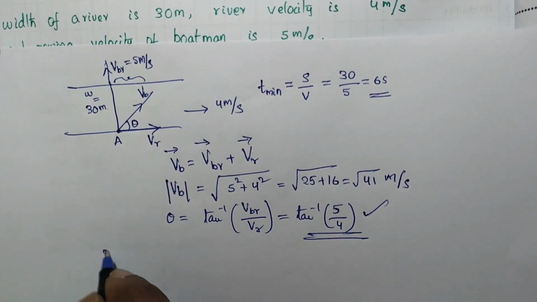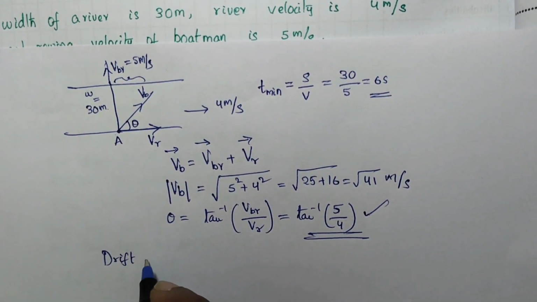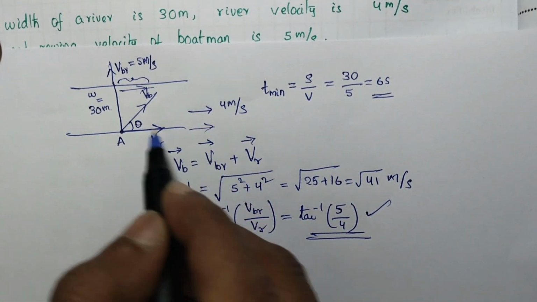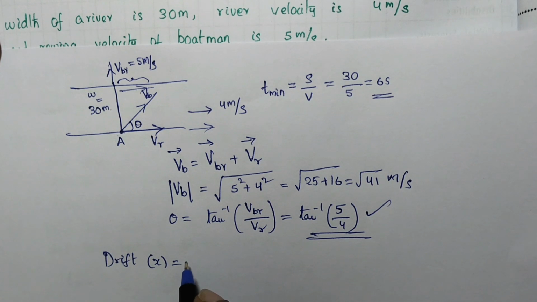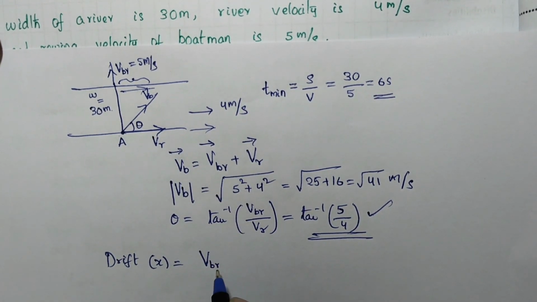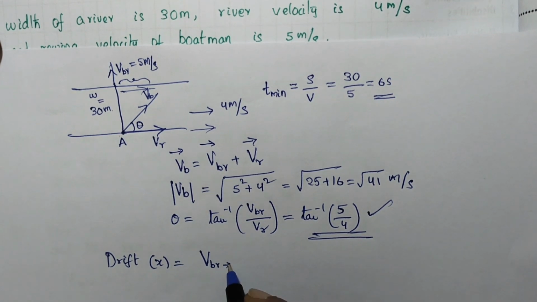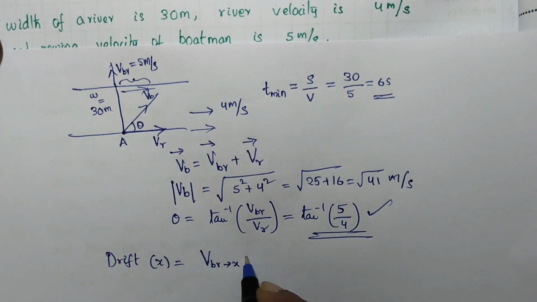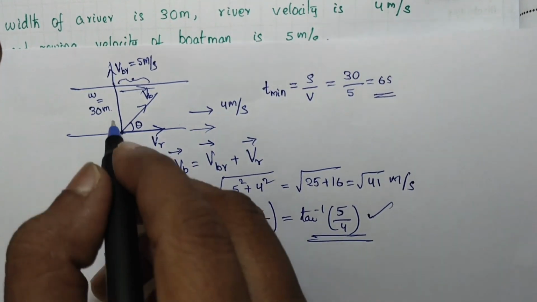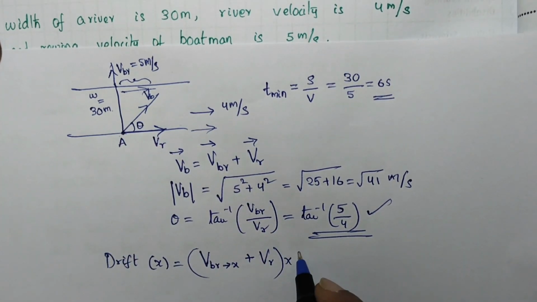So along drift, x is equal to, in this direction, that means the river flowing direction. What is the total velocity? The total velocity is VBR in the direction of the x-axis, meaning the river direction, plus the velocity of the river VR, and the time taken to cross this river is t.